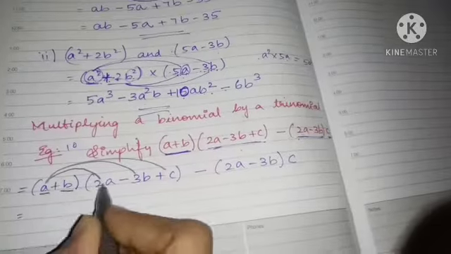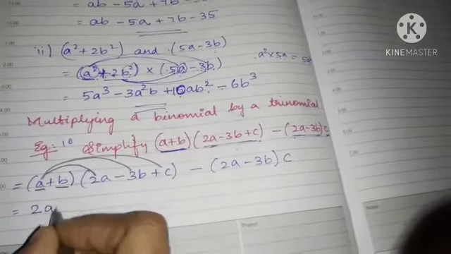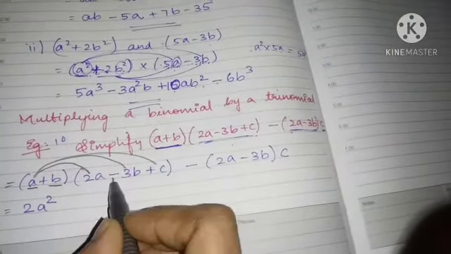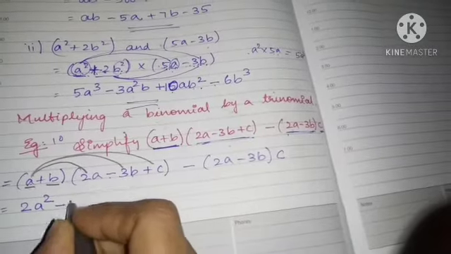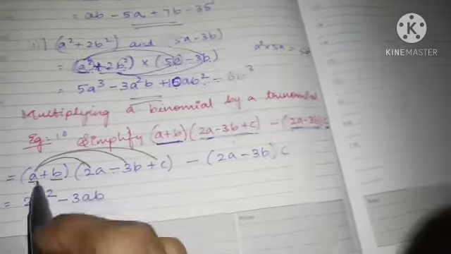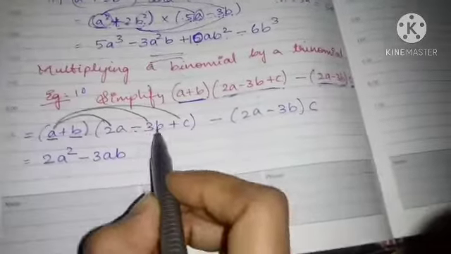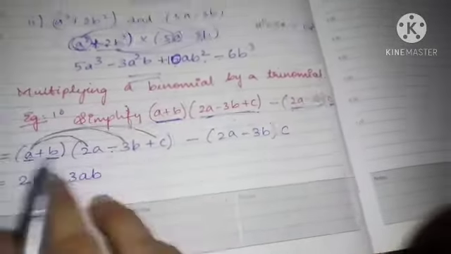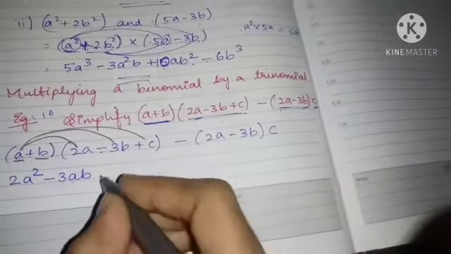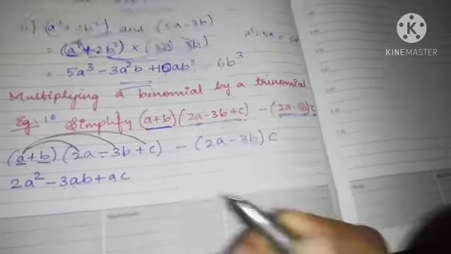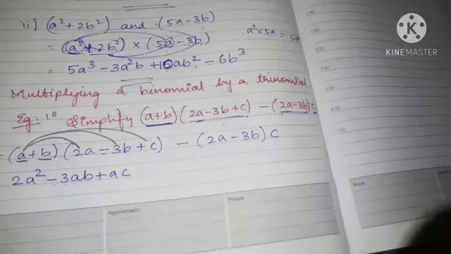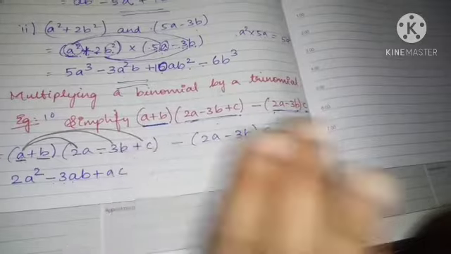Okay. So, a into 2a, 2a square. A into minus 3b, minus 3ab. A into plus c, plus ac. Next, have I multiplied everything?